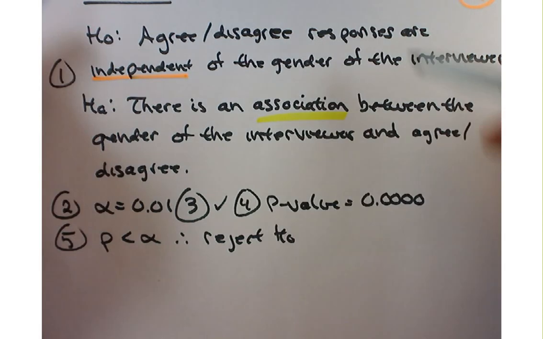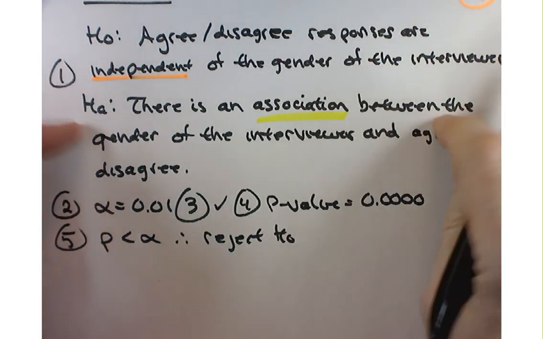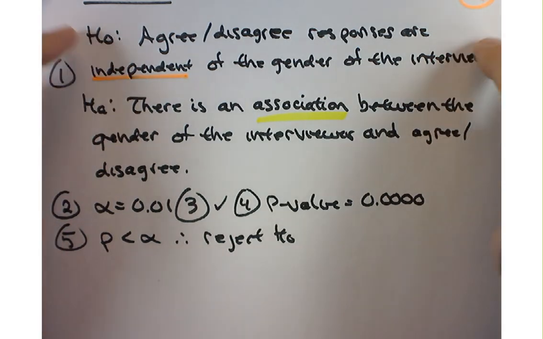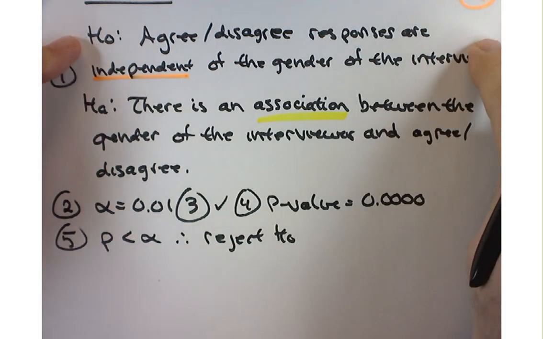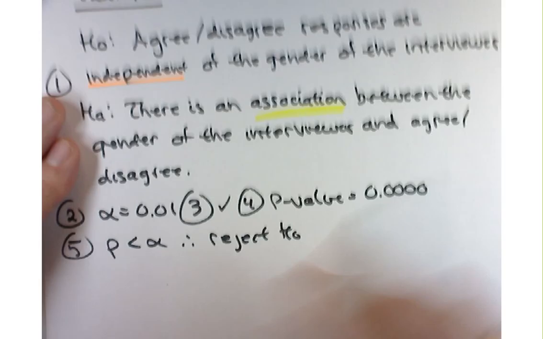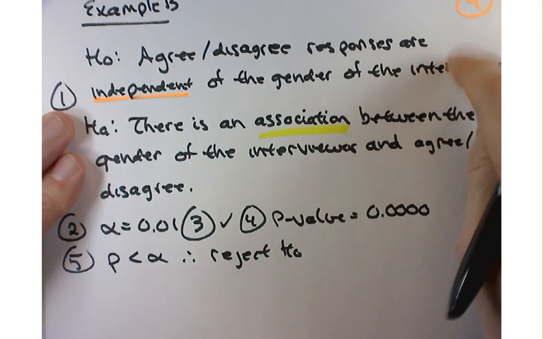So you can say things a couple ways. You can say the data support the claim that HA is true, or the data reject the claim that this is true. Either one. So I guess for variety, this time I'll say the data reject this possibility.